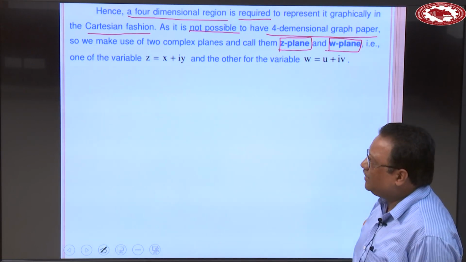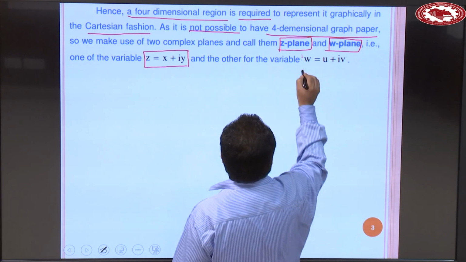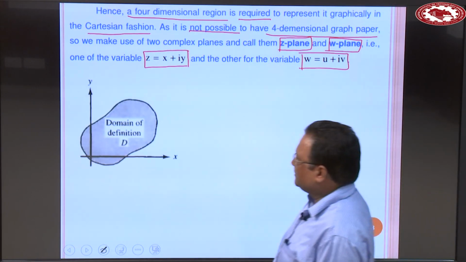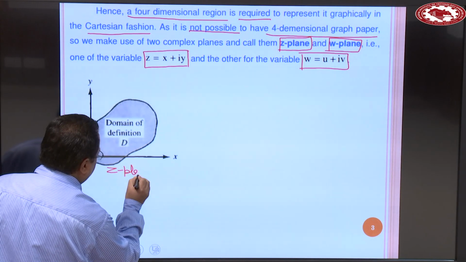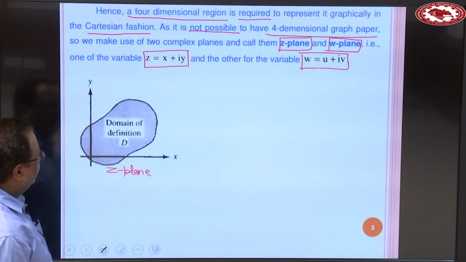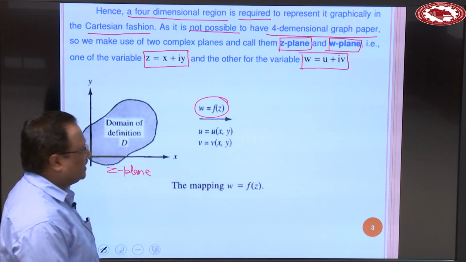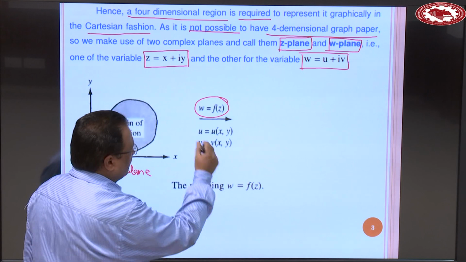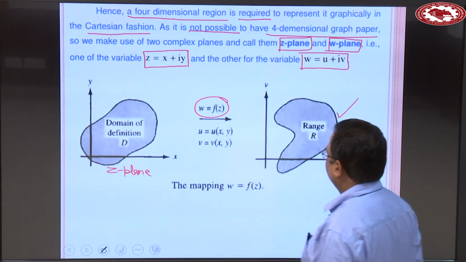One is for the variable z = x + iy, with x axis and y axis, and that one is the domain. The other is for the variable w = u + iv. Then we apply the function w = f(z), where u is a function of x, y and v is a function of x, y, and the result gives the range.